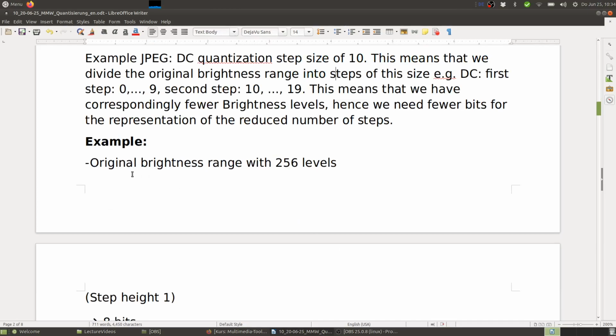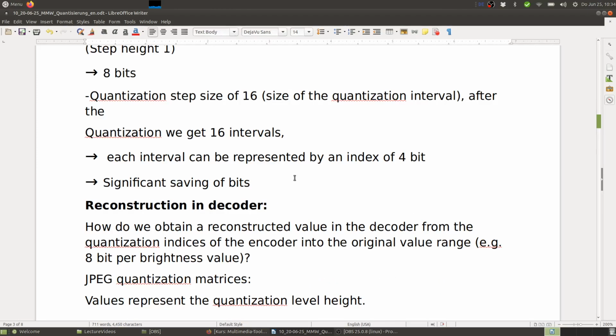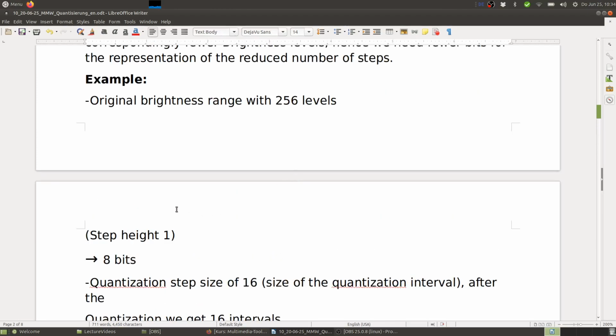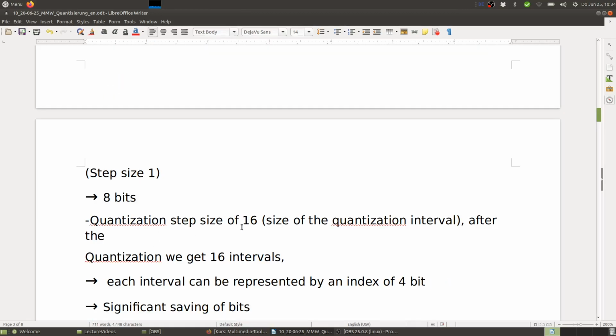So here an example, we have an original brightness range with 256 levels, right? And if we say we have a step size of 1, then this would be 8 bits. And if we have a step size of 16, this is the size of the quantization interval.